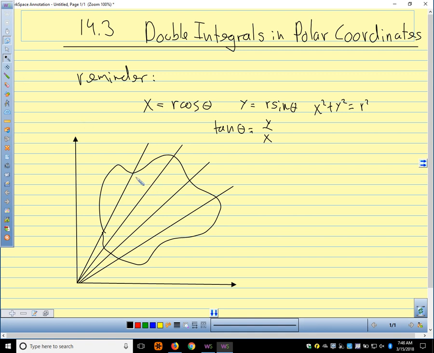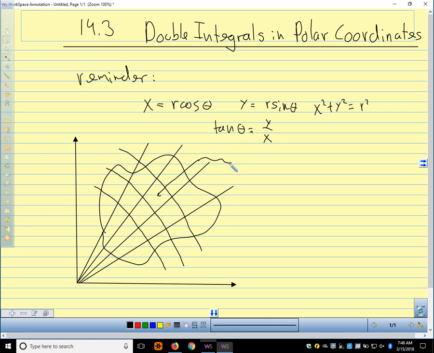And then we would divide it into lines with constant radius, like so. We call these polar rectangles. And I'm going to call this region here r sub i. So I'm dividing it into a bunch of rectangles that are portions of circular sectors.